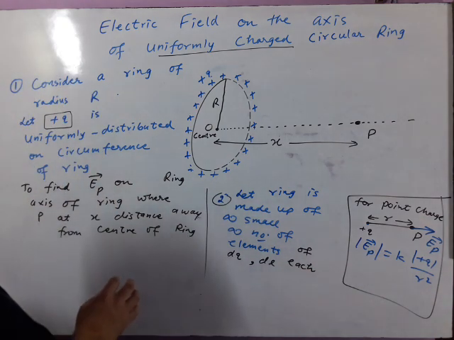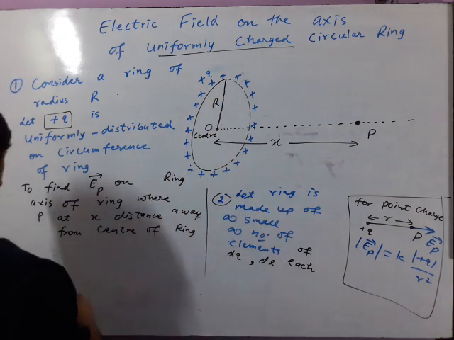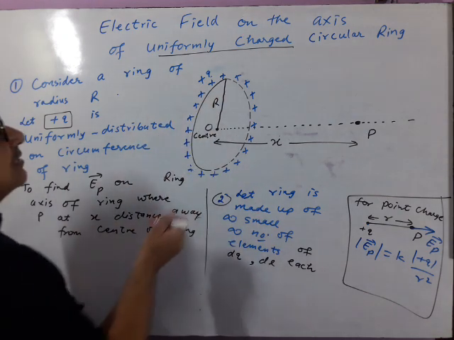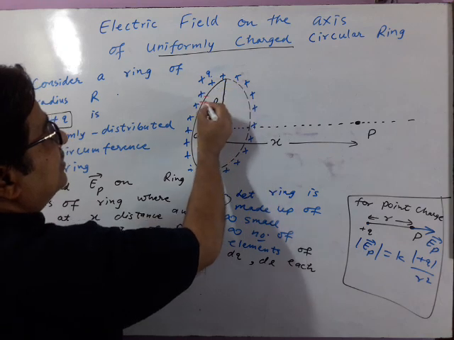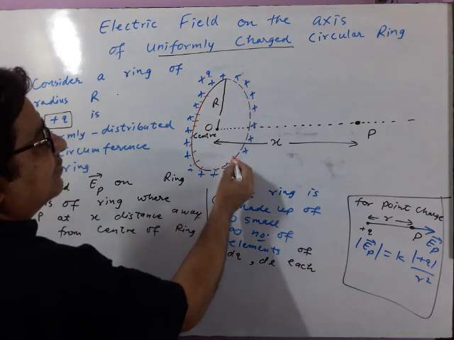So this is a small charge considered by you. You consider this ring is divided into infinitely small, infinite number of elements.